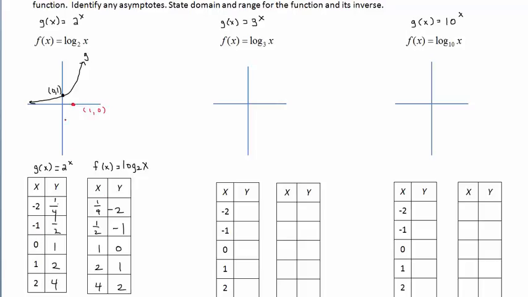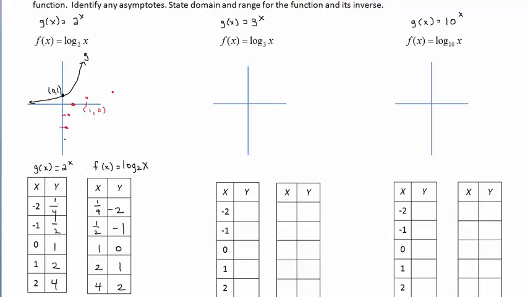Plotting 1/4, -2: 1/4 would be somewhere way over here close to the y-axis, so 1/4, -2 would be about right here. 1/2, -1 next in the data table would be about here. I'd plot 1, 0, then 2, 1, and then 4, 2, which would probably be somewhere over here.